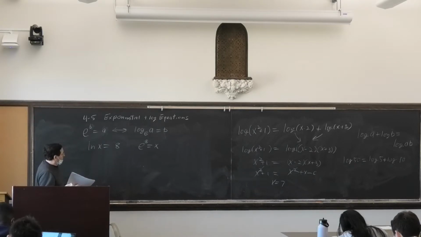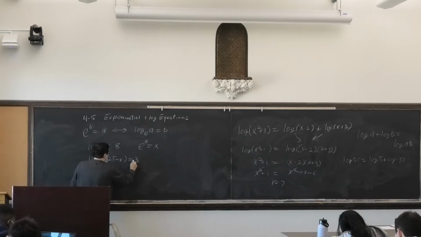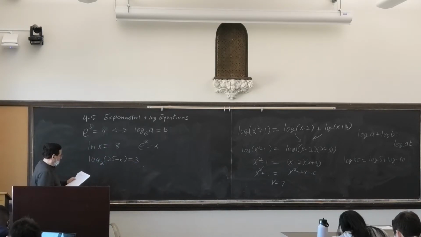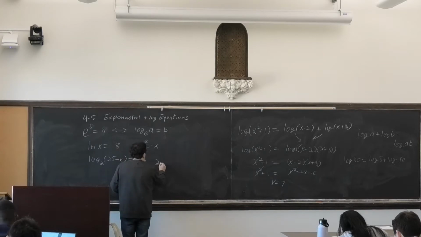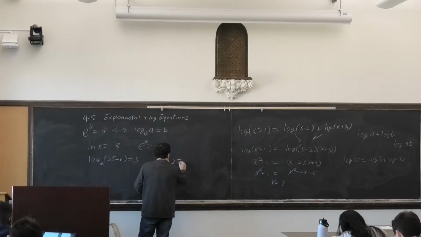That's a simple example. If I have something like this, log to the base 2 of 25 minus x equals 3, it would be convenient to say, all right, that's just 2 to the 3 equals 25 minus x.